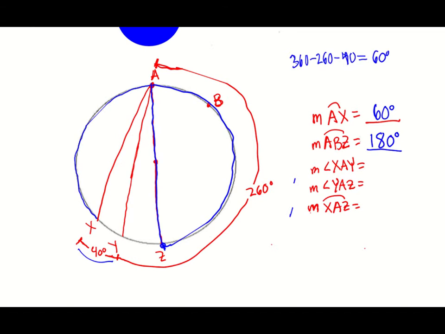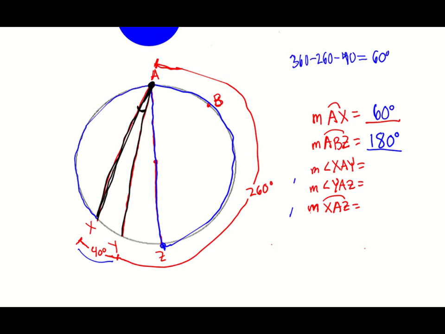Then we have the measure of angle XAY. XAY, right in here. So that is this angle right here. Well, if we look at our formulas, we know our vertex is on the edge of our circle here.